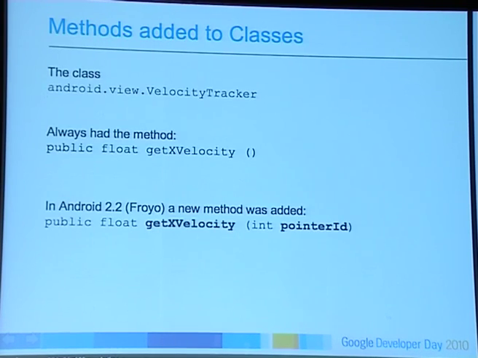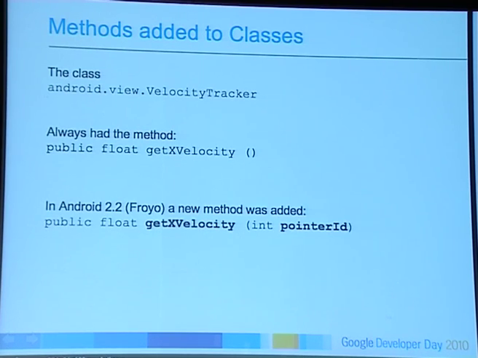So what has happened is, in the class android.view.VelocityTracker, which has been around since the beginning, we always had a method, for example, getXVelocity, and the same for getYVelocity, which returns the speed with which a user, for example, is moving the pointer across the screen. So in Android 2.2, we have expanded this, and we have also added a getXVelocity which now takes a parameter for a pointer ID.